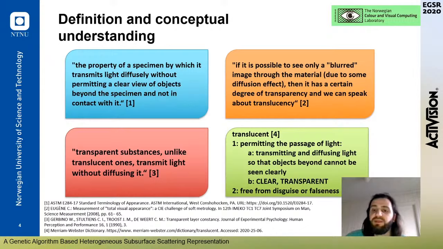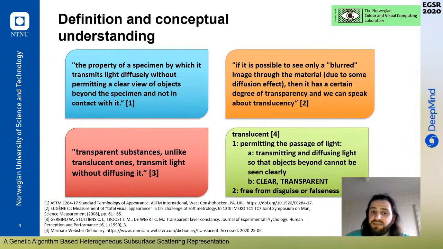It can be either transmitting and diffusing light, so making it blurred and not clear, or it can be clear, synonymous with transparent. Furthermore, in the second, more indirect meaning, translucent might mean free from disguise and falseness, so it might be related to something clear.